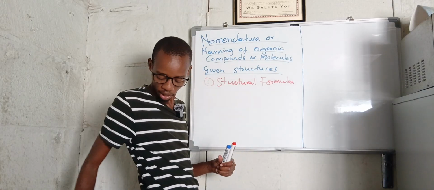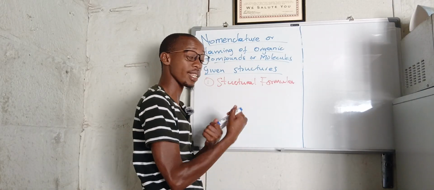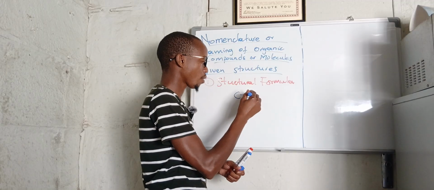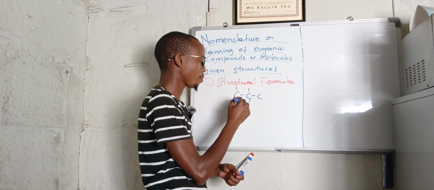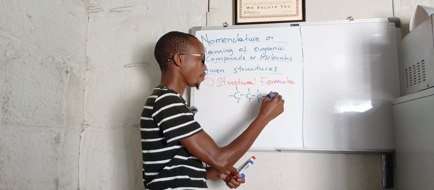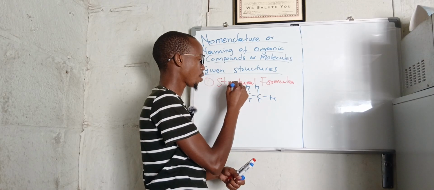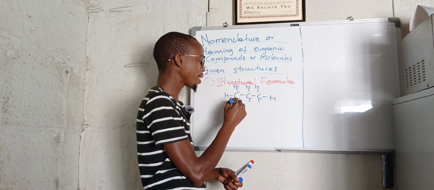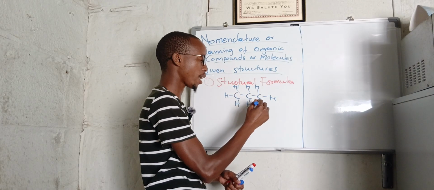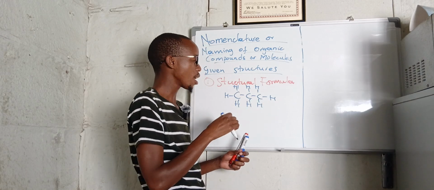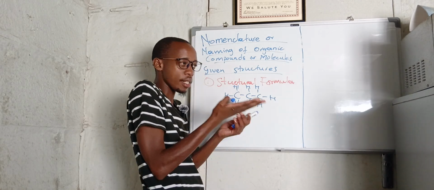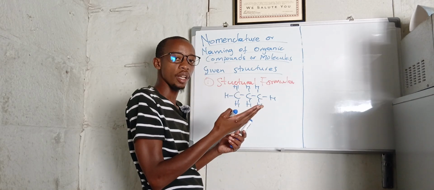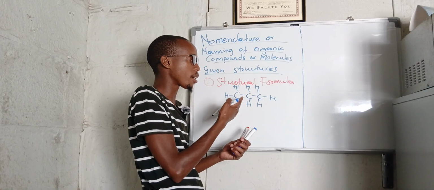An example of a structural formula is going to be something like this. So here you explicitly see the bonds between the elements, it's there, it's like a skeleton of the molecule.